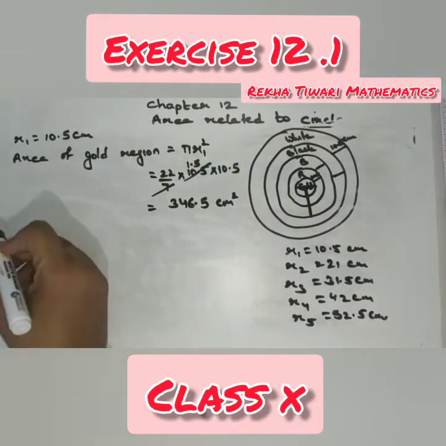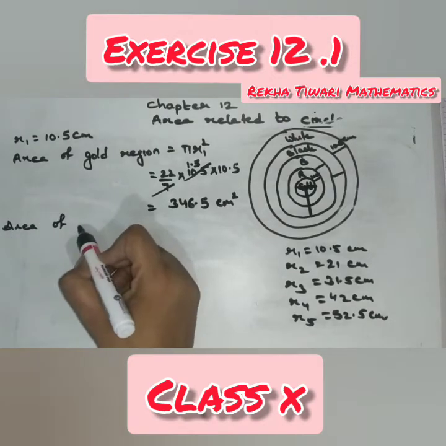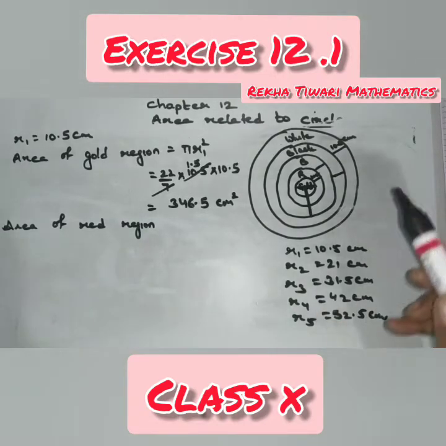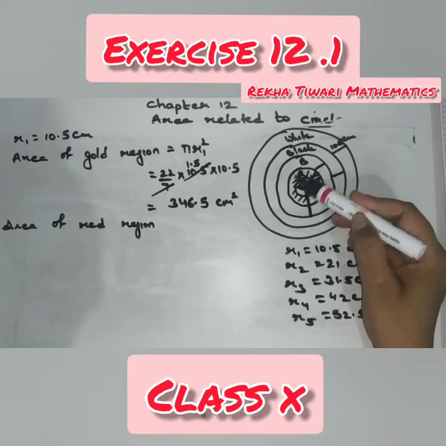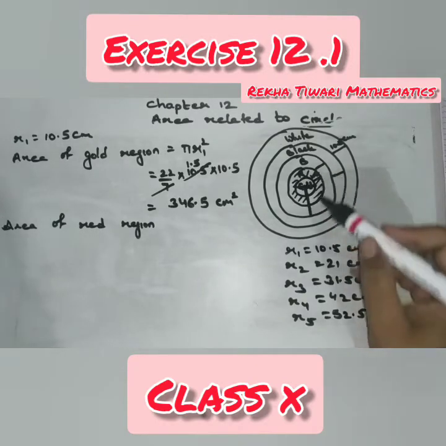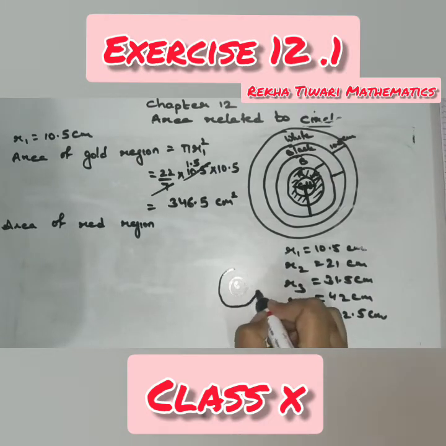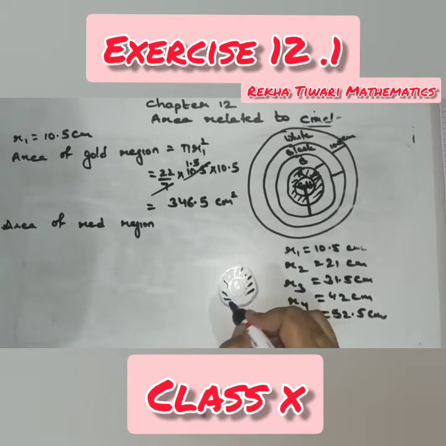Now come to the area of red region. Only this portion is the red region. How to get this portion? See, this one is gold, and there is another circle, and this is the red region.